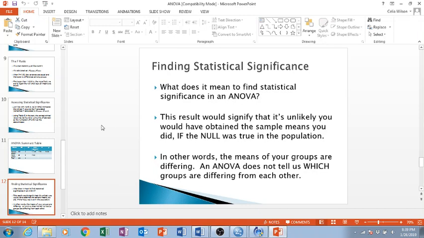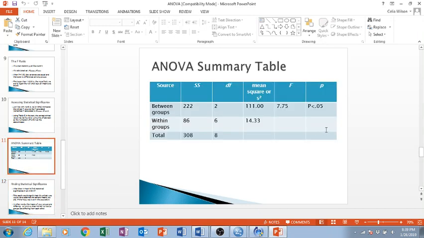So when I look at this result here in this table, it's telling me, oh yeah, I found statistical significance, but it's not saying, well, it's between group 1 and group 2, or group 1 and group 3, or 2 and 3. It's not giving me that detail. It's just saying, yep, your groups are behaving differently.